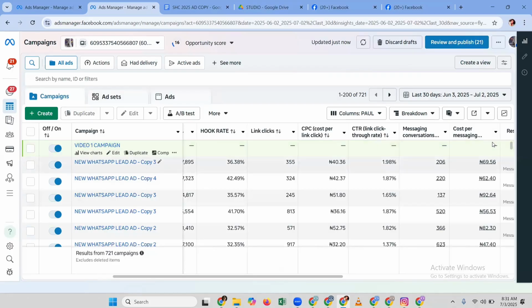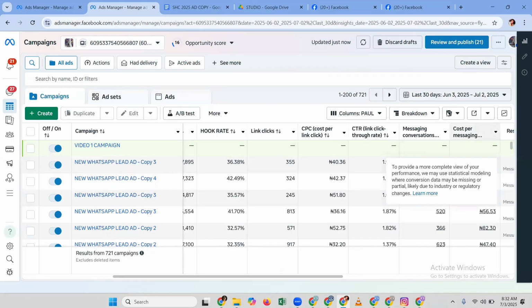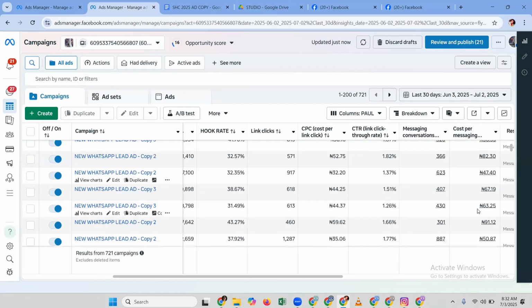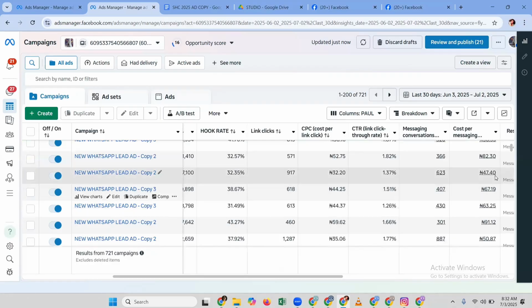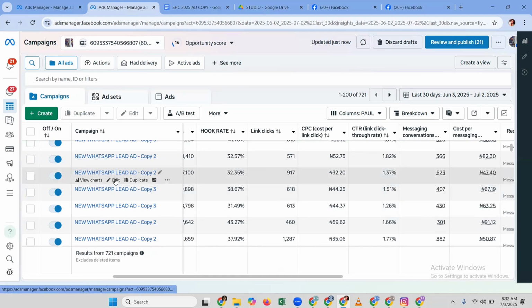Now, when you look at this, which advert is giving me the cheapest cost per result? Let's look at this. As you can see, it is this 47 naira. Wow, this is fantastic. Just like we did with link click, I'm going to go into this advert later on and study everything that I did.